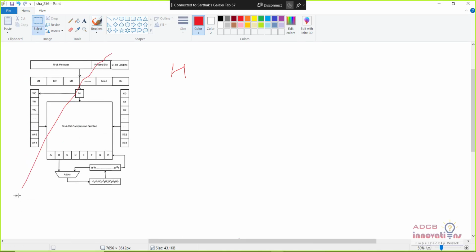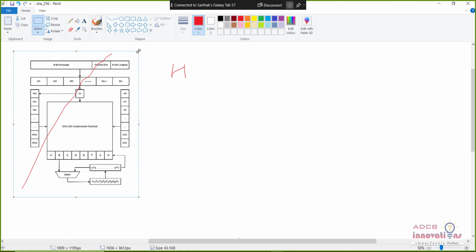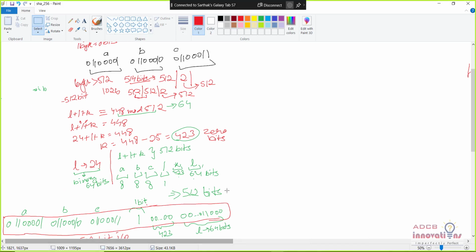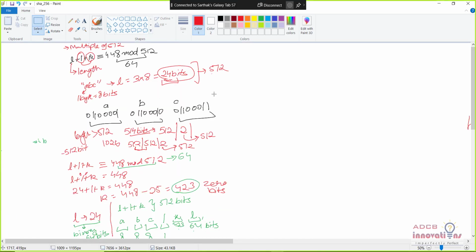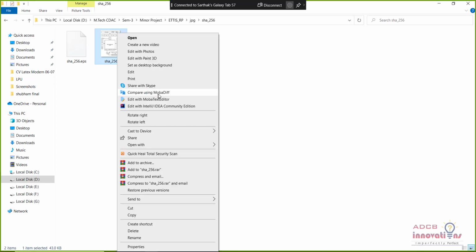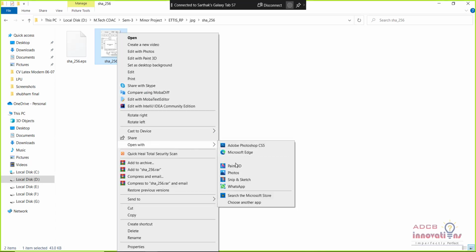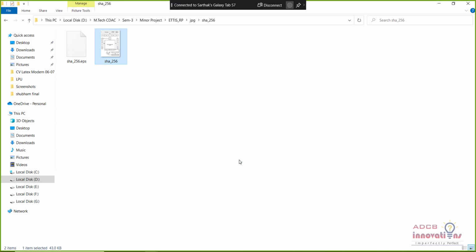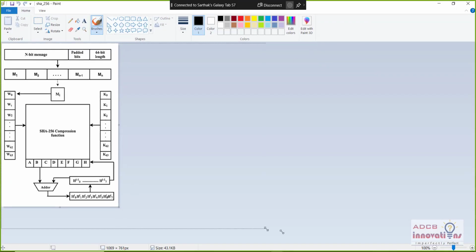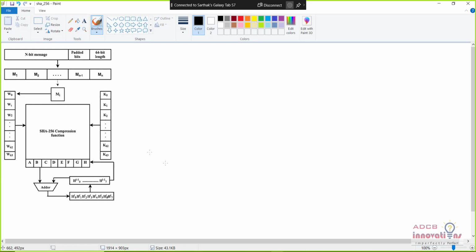Let me open it with Paint once again. Yeah, now it is fine.